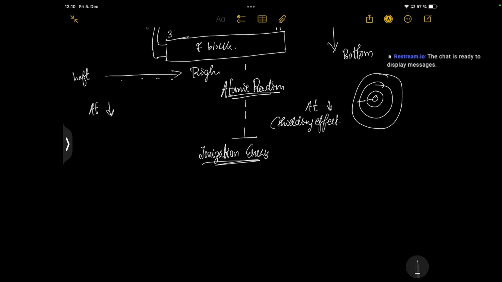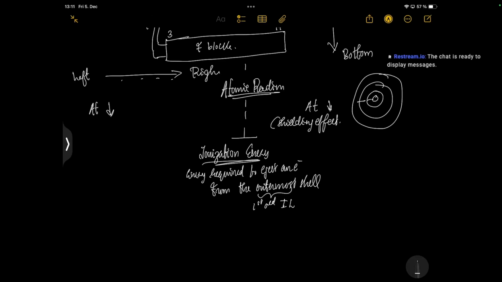Ionization energy is the energy required to eject an electron from the outermost shell. And that would be first order ionization energy. The more electrons we eject, that will be second order, third order. It just goes further.